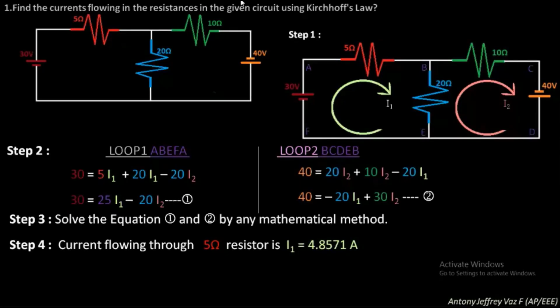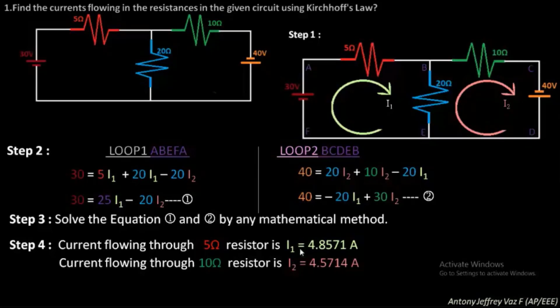The current I1, which is flowing through the 5 ohm resistance, is 4.8571. In engineering, you need to have a minimum of 3 decimals; if possible, you may have 4 decimals.